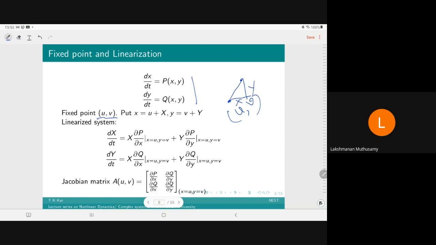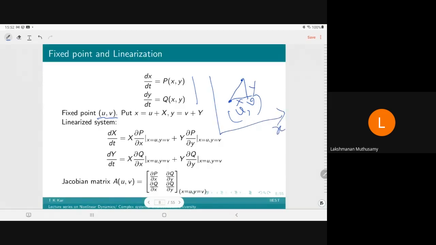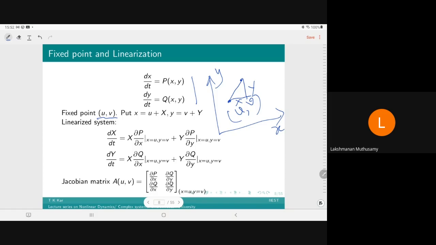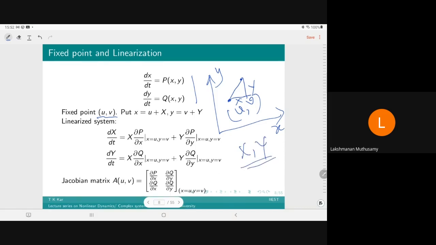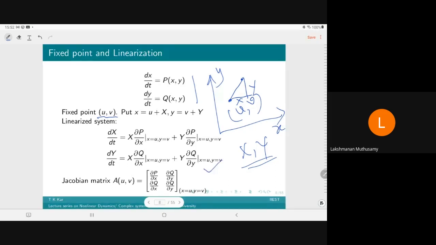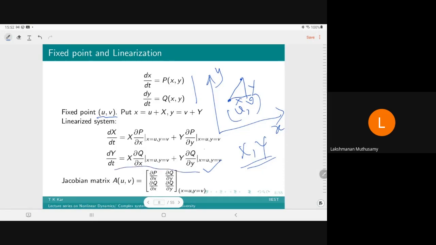Small x equals u plus capital X, and small y equals v plus capital Y. Substituting here and taking the Taylor series expansion, and considering that X and Y are very, very small, neglecting higher-order terms, we get the approximate linearization as dX/dt equal to this and dY/dt equal to this. And this matrix, with del p/del x, del p/del y, del q/del x, del q/del y, is the Jacobian matrix.